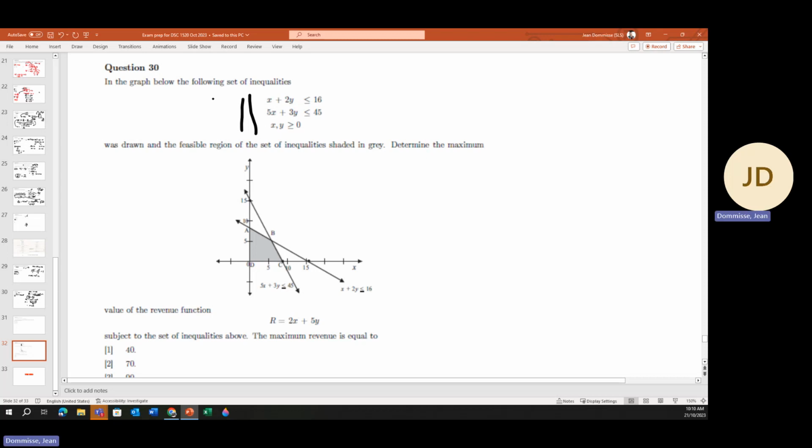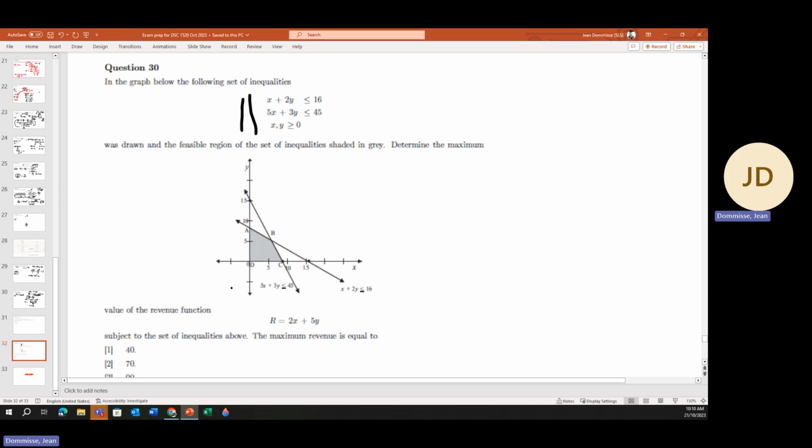They give you these inequalities, then they give you a few options to say which of the shaded is referring to the inequalities.